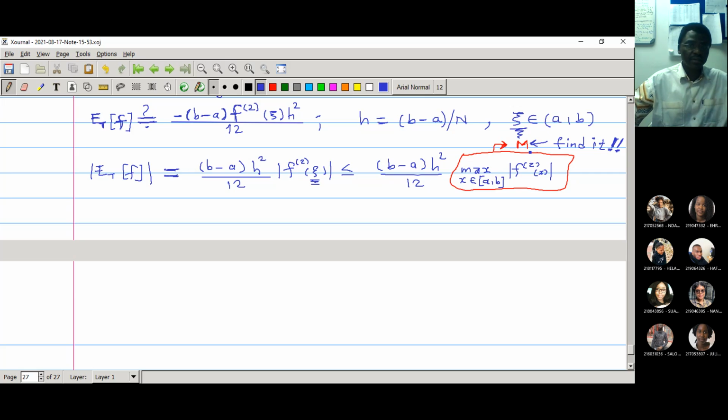And for that, I refer you back to your calculus where you did optimization or finding the maximum, minimum of a function. You apply it to this. Go and read your notes and try to practice on that.